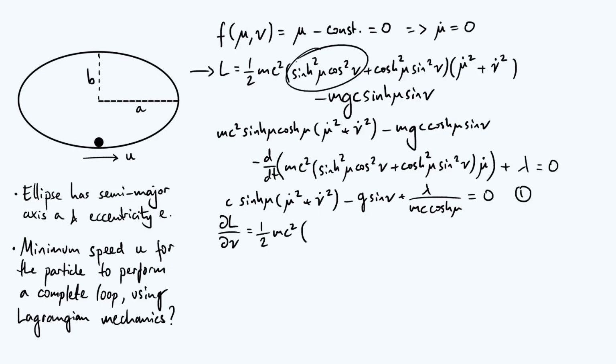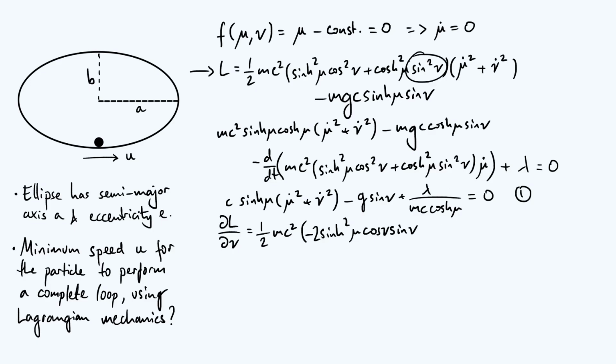Differentiate the first bit with respect to nu. Your sine squared mu will stay as it is. From differentiating cos squared of nu, you will get 2 cos nu times minus sine of nu from the chain rule. So I put my minus 2 there, and then I put cos nu sine nu.